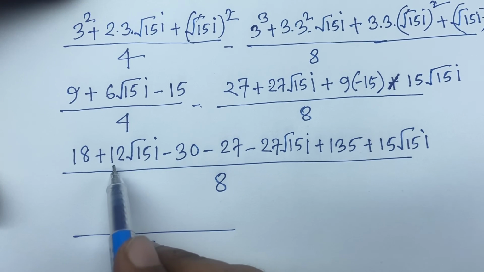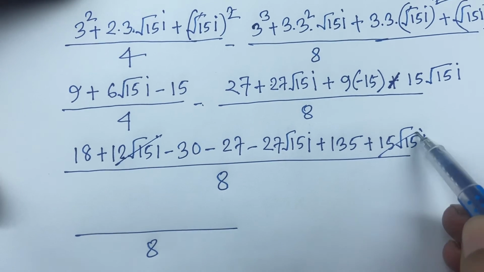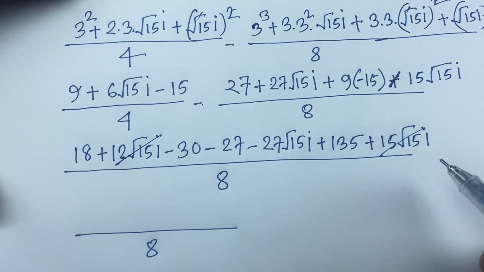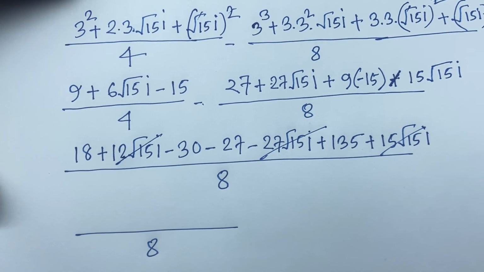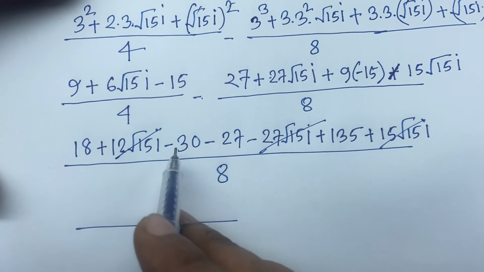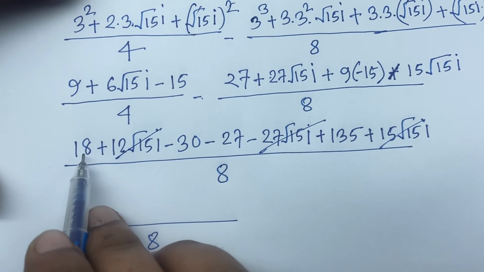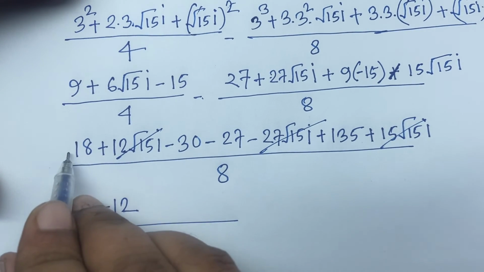it will be 27, and here is square root 15i, this is square root 15i. So I can say it will be 27 square root 15i. It is positive, but this is negative, so both are cancelled. And again, look, 30 and here is 18, so it will be minus 12, because 30 minus 18 is 12.